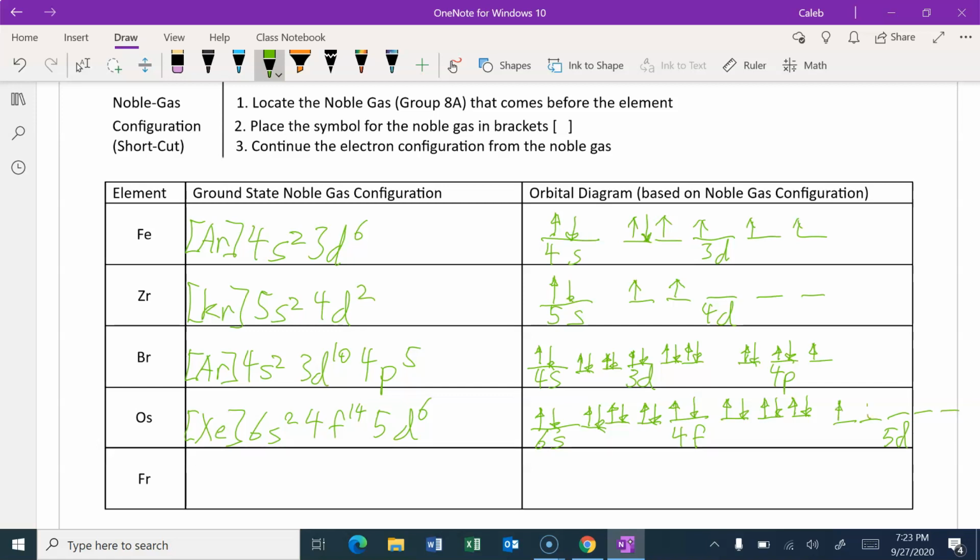That's 1, 2, 3, 4, 5, 6. Only 1 down electron on that.